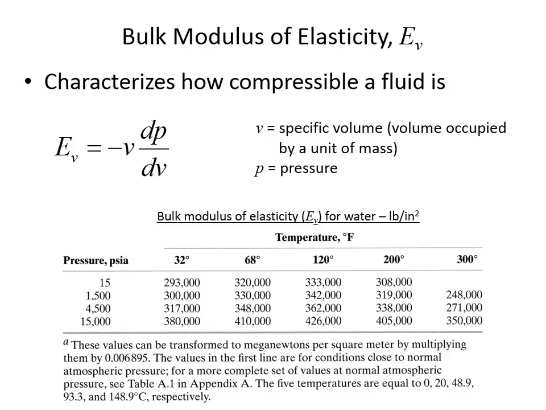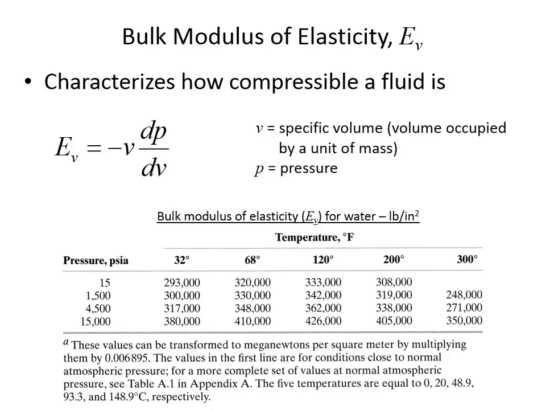So to do the calculations, we have to use the bulk modulus of elasticity as one of our parameters, and this is a property of water that is related to its compressibility. It's actually the inverse of compressibility. In compressibility we were talking about the change in volume relative to a change in pressure. This is the other way around.